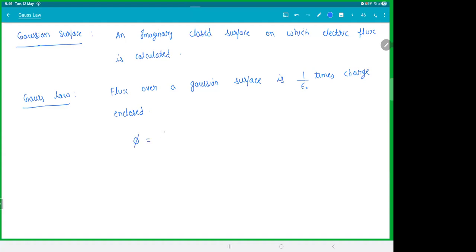So the flux is given by the integral, with a circle symbol here. I'll tell you what it means. Closed integral of E dot dA is equal to Q enclosed by epsilon. That's a mathematical symbol there. For an integral, if you put a circle here, this is called a closed integral. I don't know whether they did this in maths for you already. When you see that circle, it means you're integrating over a closed surface.